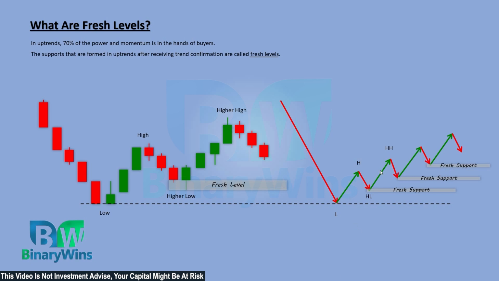Pay attention that in the upward trend after receiving the confirmation, we can find the major trend. This is our major uptrend. After that, the minor uptrends are formed.